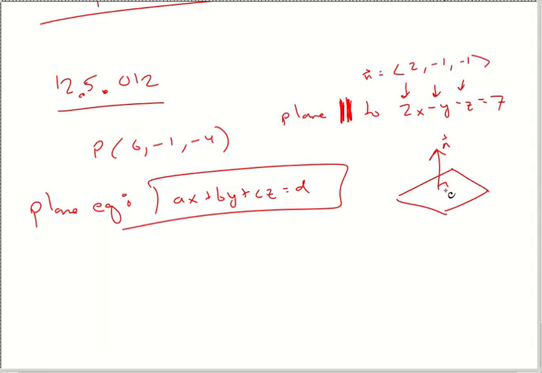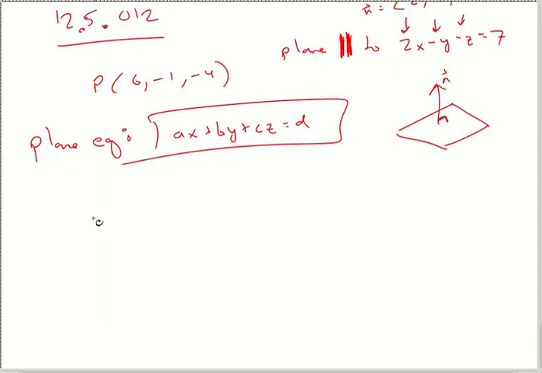It's coming up at 90 degrees from the paper, straight up out of it. Right-hand rule and all that stuff. Well, this is a way to say what the slope is of that plane. So that's my slope. And if it's parallel, then my slope doesn't change. Therefore, my answer, I know for sure, is 2x minus y minus z is equal to d.